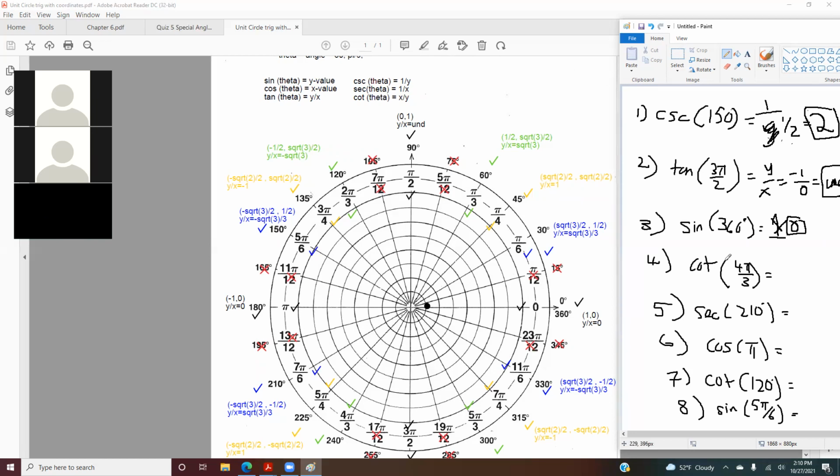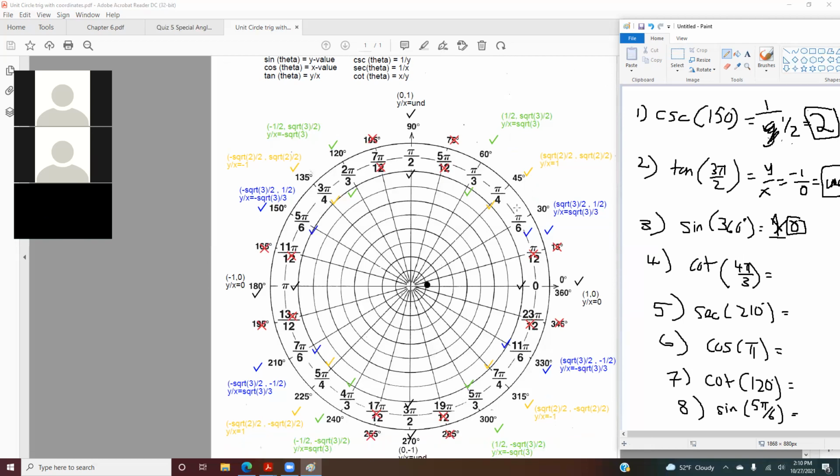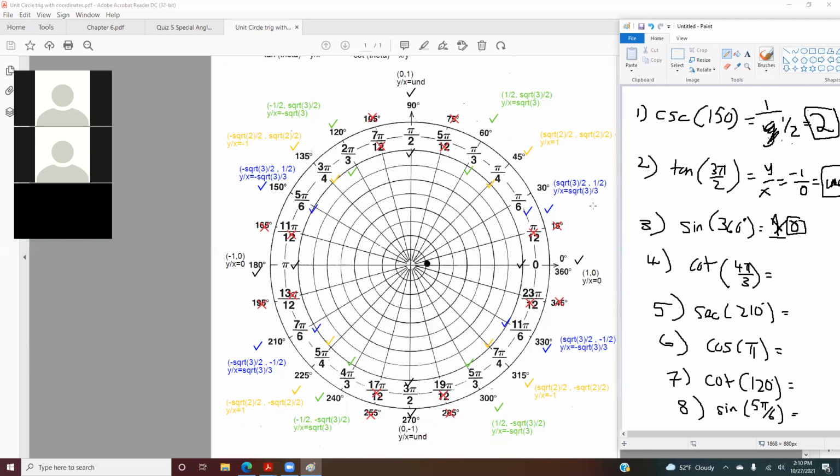Avery, you want to try this? Cotangent 4 pi over 3. Avery, try it. Anyone?